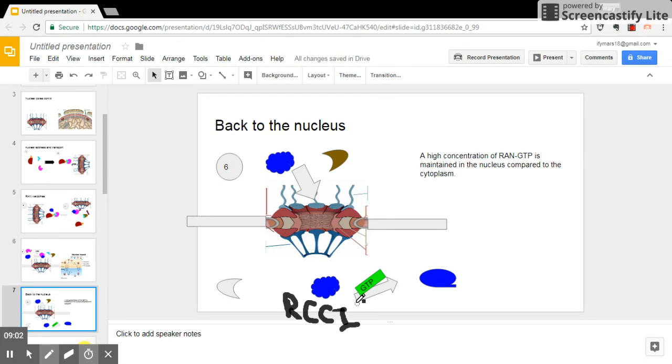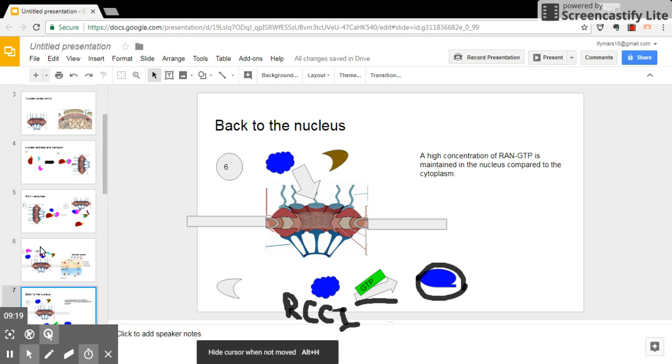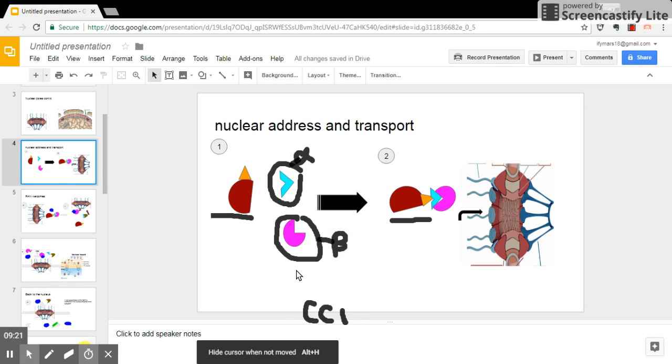It's going to drive this reaction so it becomes active. In its active form, it can go ahead and interact right here with our complex once it enters the nucleus, of course.